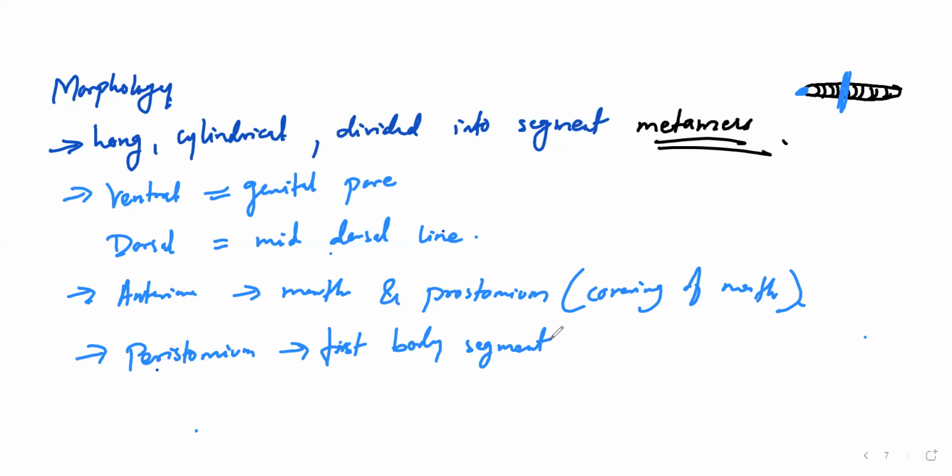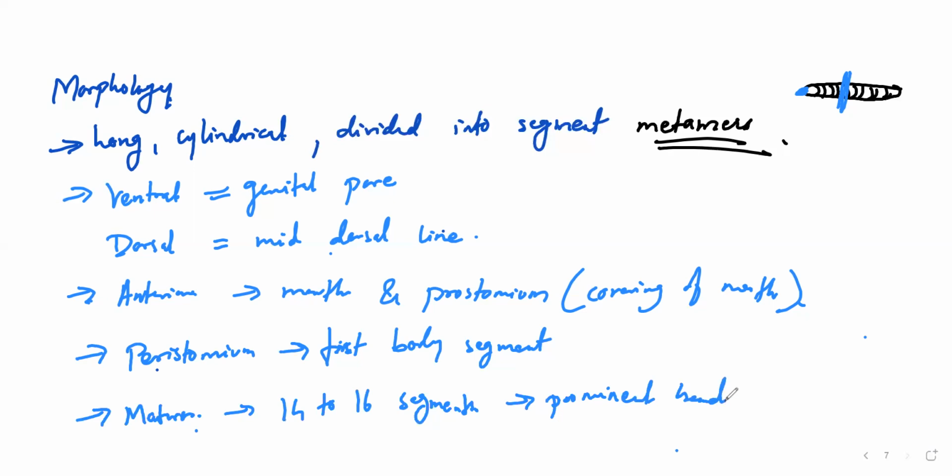Whenever an earthworm matures, it has the 14th to 16th segments covered by a prominent band of glandular tissue.